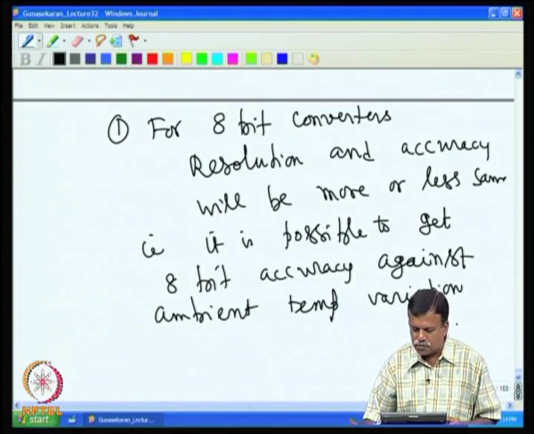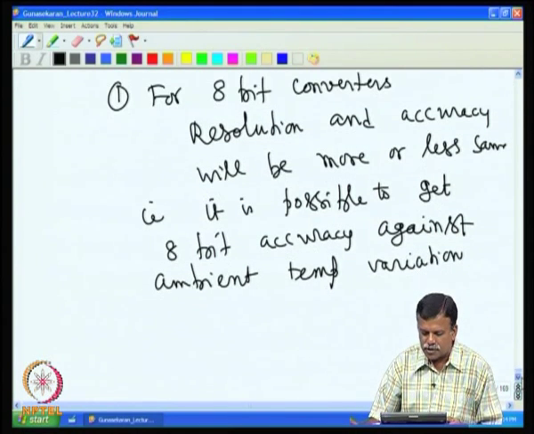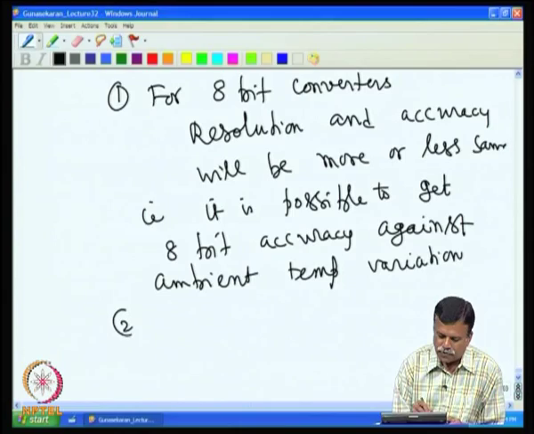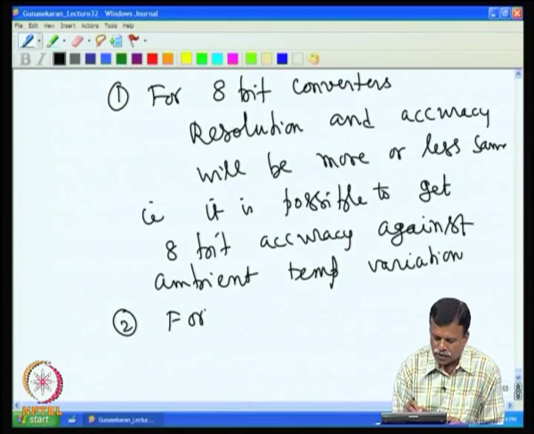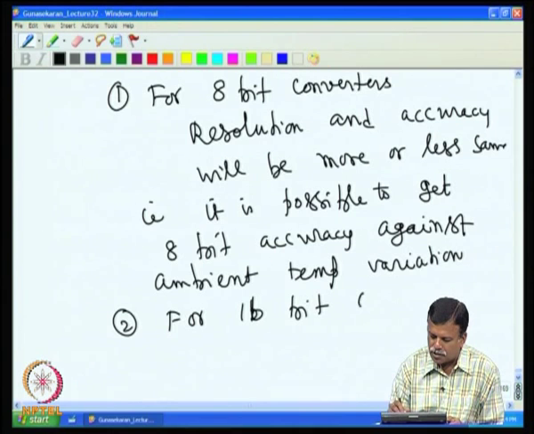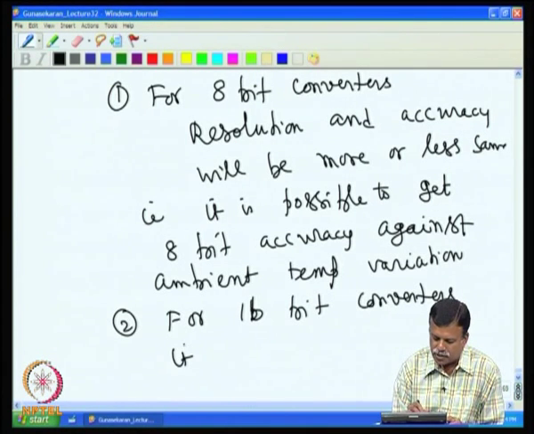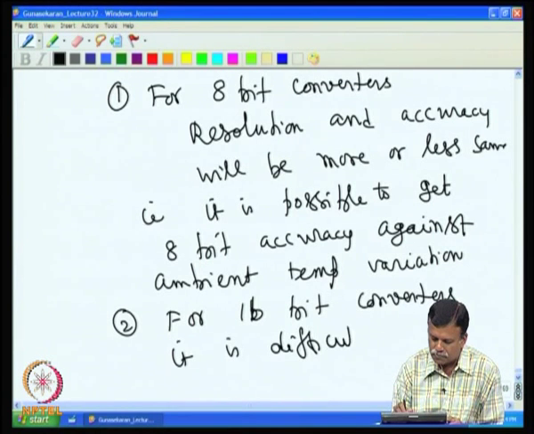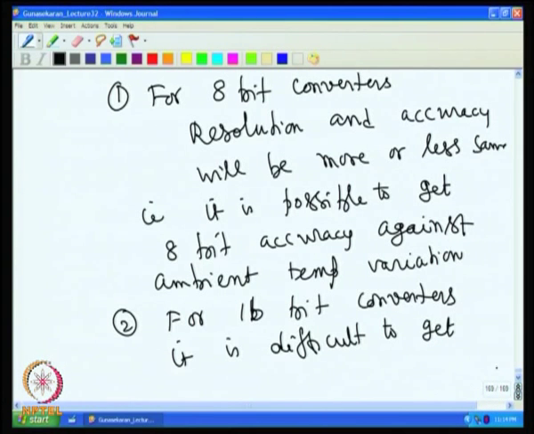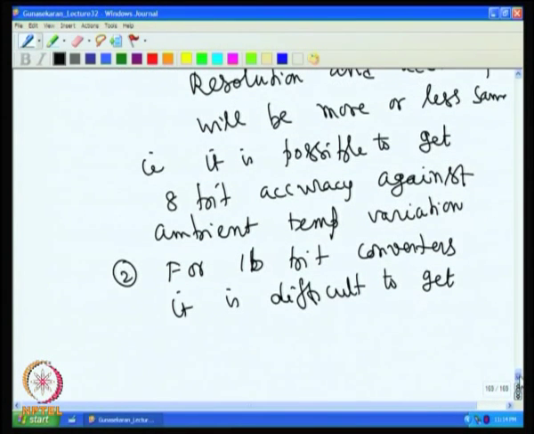However, it is not possible to get this in the case of 16-bit converters. It is difficult to get 16-bit accuracy.